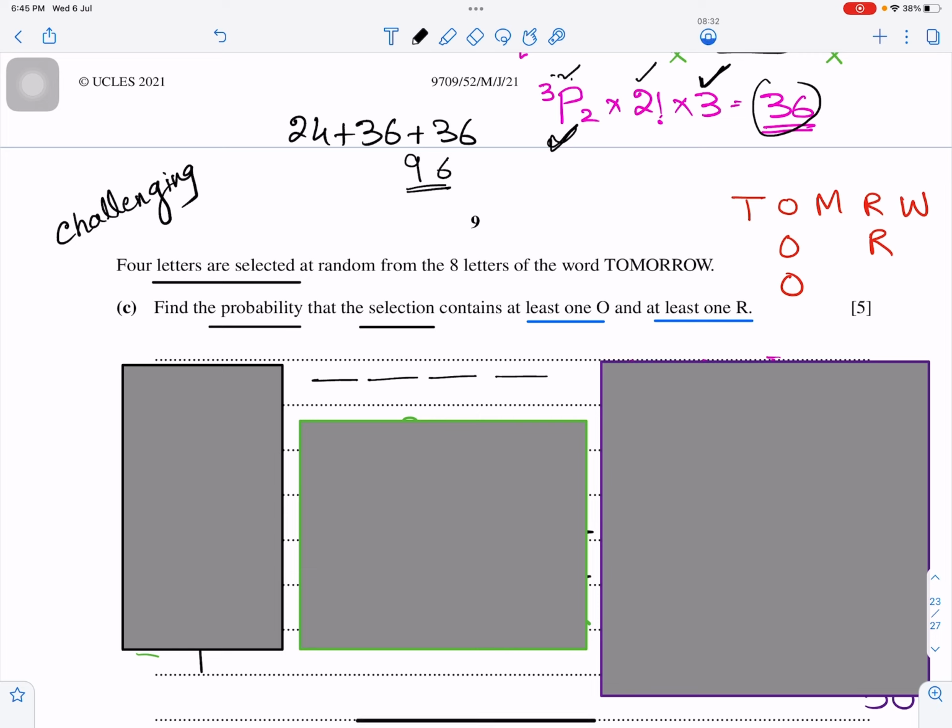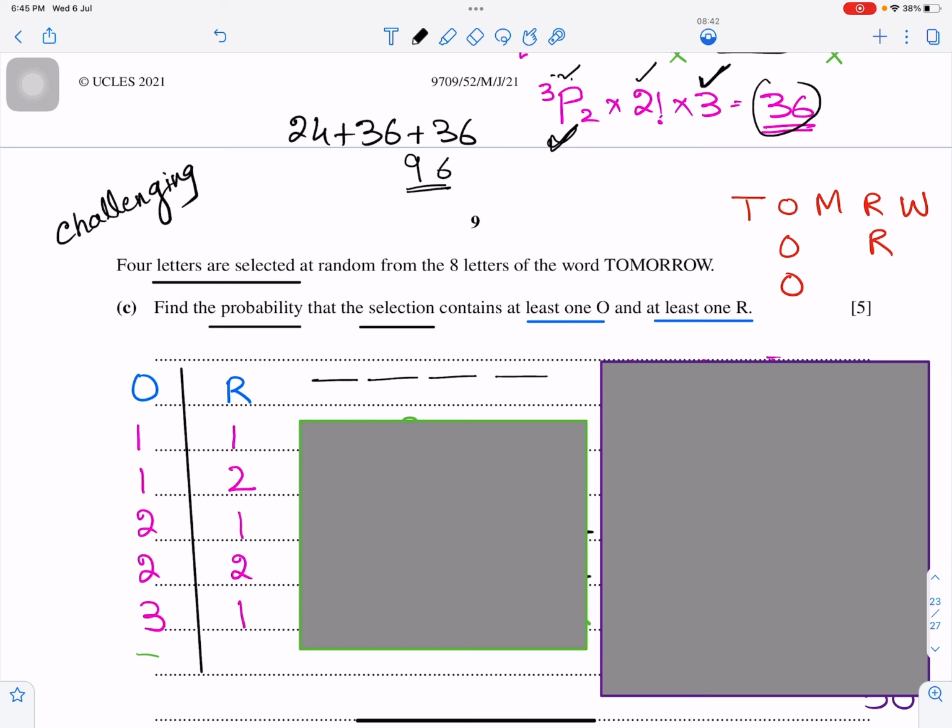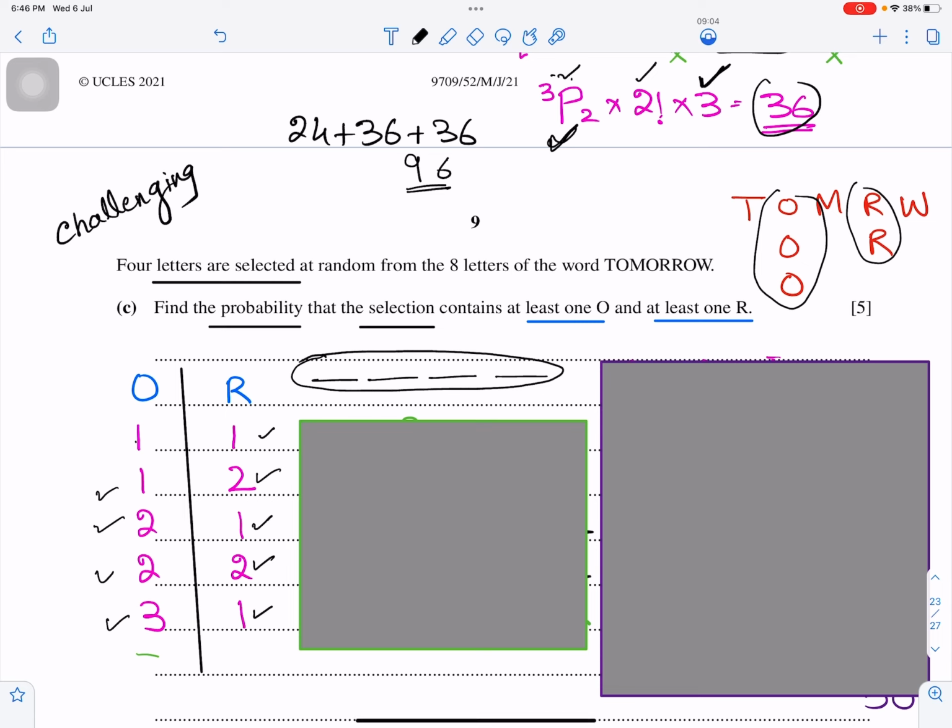So first of all, let's see how we can select 4 letters such that they have at least one O and at least one R. Now, the possibilities, because there are 4 letters we have to select: one case is one O, one R; one O, two R; two O, one R, because we have total 3 O's and 2 R. Then 2 O, 2 R; 3 O and 1 R. The sum of these will be equal to 4, right? So these are the possibilities.